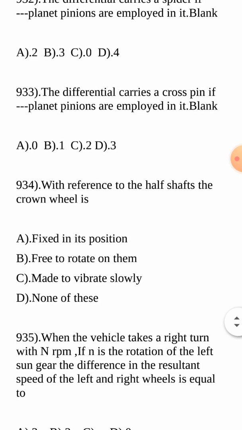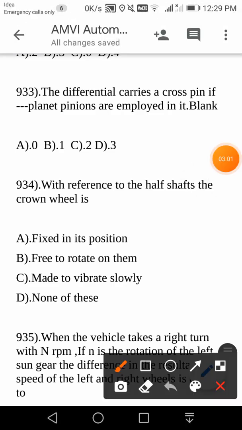The differential carries a cross pin if dash planet pinions are employed. Earlier the question was spider, now it is asking the cross pin. So when a differential carries a cross pin, how many planet pinions should be there? Is it no, or 0, or 1, or 2, or 3? Here the answer is 2. Your answer is C.